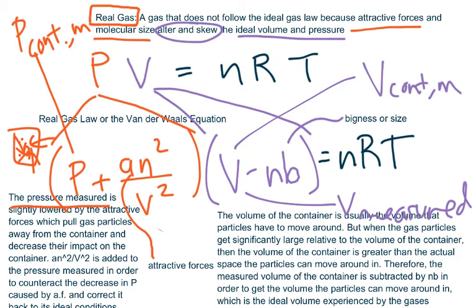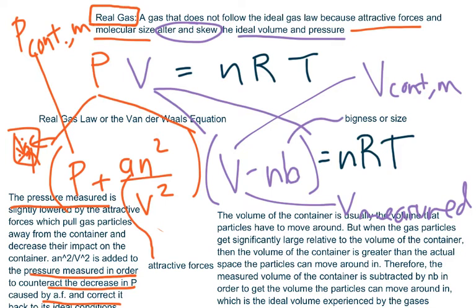And if the impact on the container decreases, the force on the container decreases, so it decreases the overall pressure. So, therefore, in order to correct the pressure that we measure, since this pressure was lowered by the attractive forces, we can add an an squared over V squared term to the pressure measured in order to counteract the decrease in pressure caused by attractive forces and correct it back to its ideal conditions.